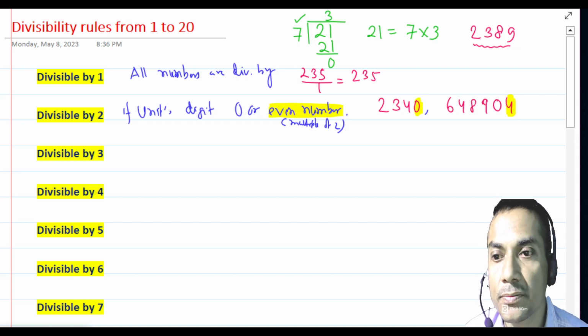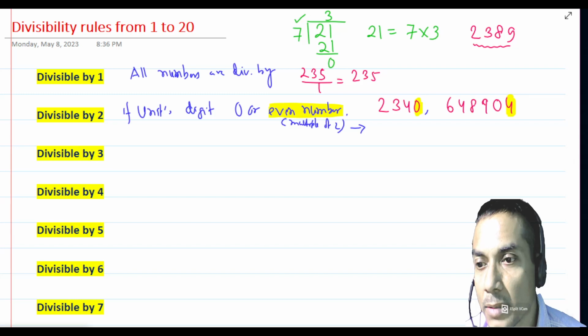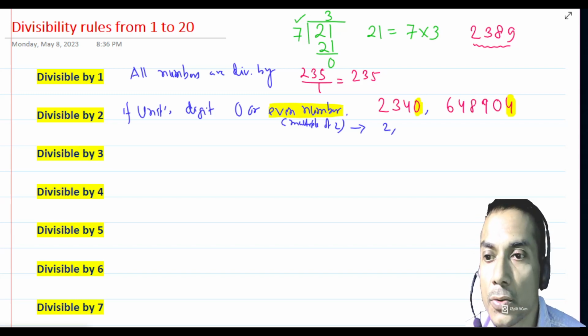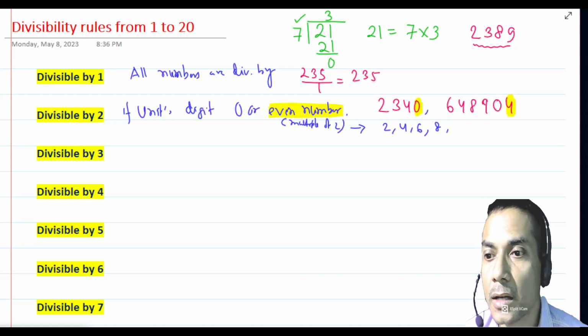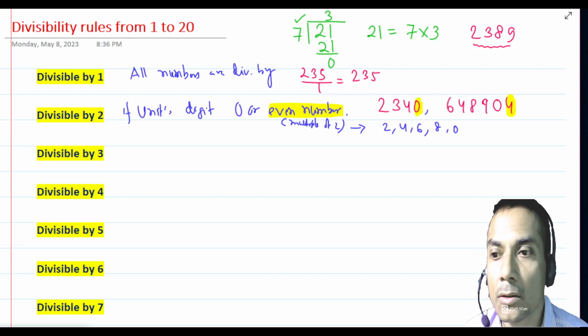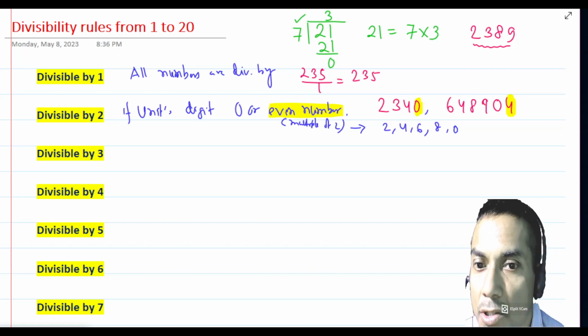Clear? So even numbers are 2, 4, 6, 8, and 0 also. So all these cases satisfy the divisibility rule of divisibility by 2.